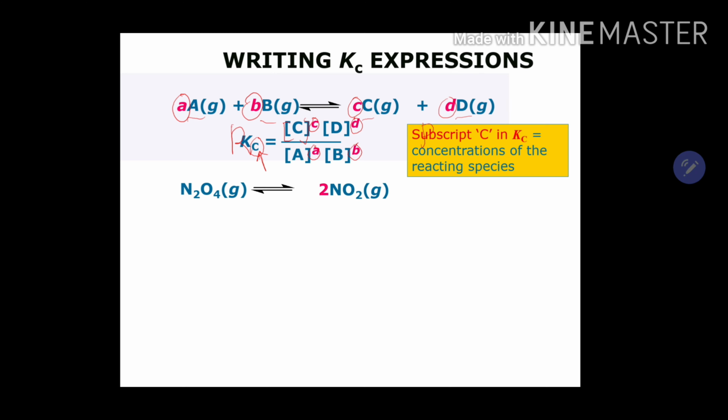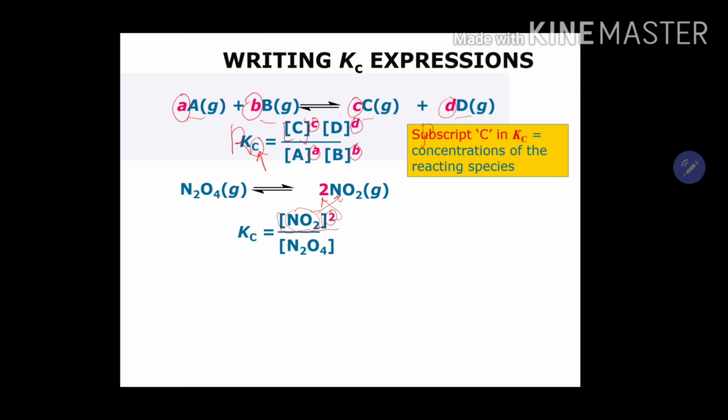Thus, if we have the equilibrium for the decomposition of N2O4 to NO2, the equilibrium constants expression is Kc equals square brackets to indicate the molar concentration, NO2, the concentration of the product, to the power of 2. 2 is the coefficient of NO2, 2 moles of NO2, so 2 becomes the power.